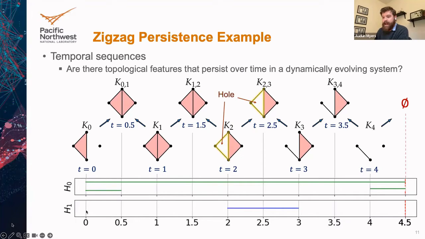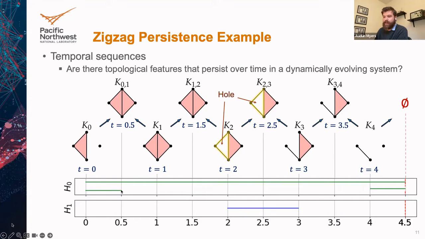You can see that at time 0, I have 2 components, which are represented as these 2 bars starting at time 0. And then quickly at time 0.5, one of these bars ends, and that signifies the joining of these 2 components.